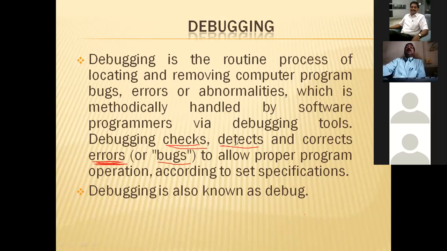We have to check it, detect it, and correct it. So debugging is a routine process of locating and removing computer program bugs, errors or abnormalities.